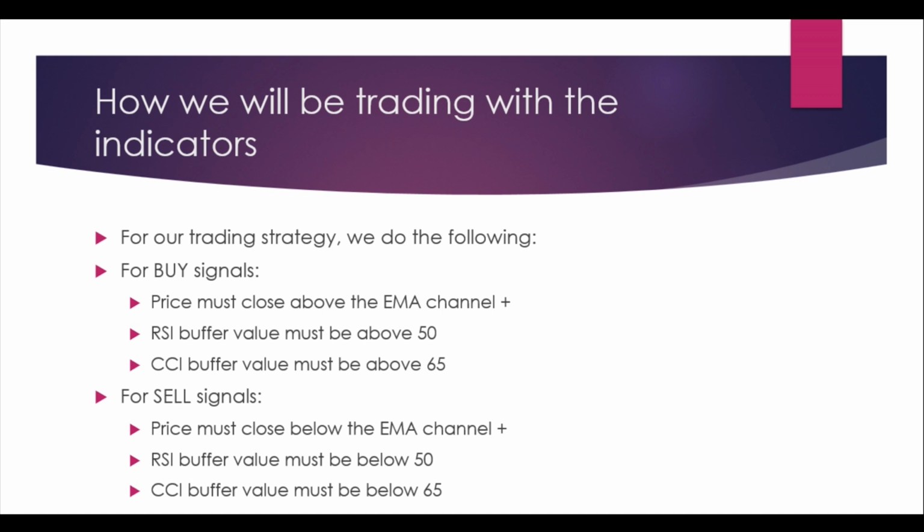So we're saying if price moves above this channel and closes above this channel, we are in an uptrend, and we're looking at the RSI and the CCI for confluence. Similarly for sell, we are looking at whether price is closing below the channel, and whether the RSI and the CCI buffer values are 50 and below for RSI, and minus 65 for CCI.